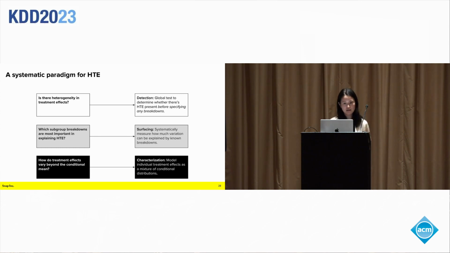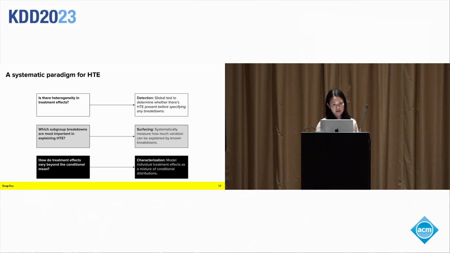The first step is to answer the question: is there heterogeneity in the treatment effects? This is the global test to determine whether there is HTE present before specifying any breakdowns. The second step is, if there is heterogeneity in the treatment effect, which subgroup breakdowns are most important in explaining this HTE?